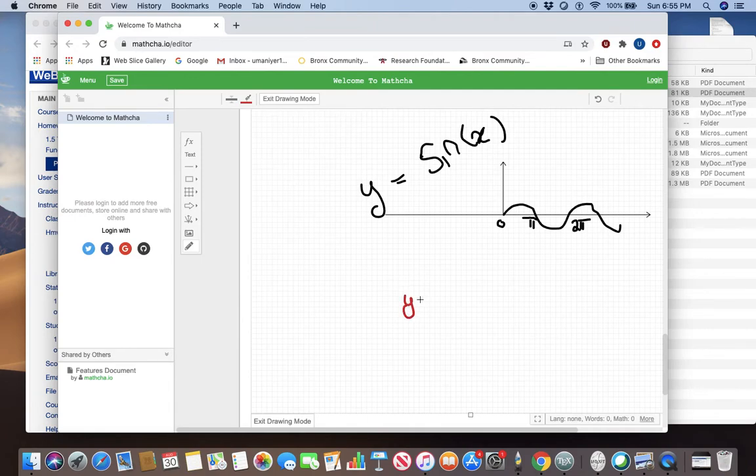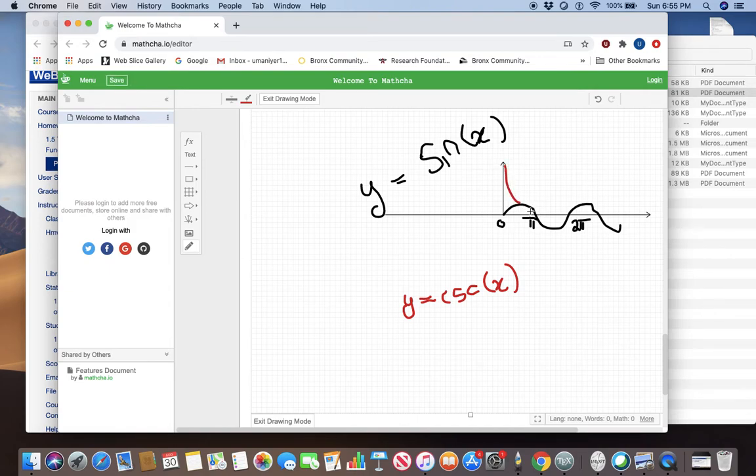y equals cosecant x. So you see, wherever sine hits 0, you're going to go to either a positive or a negative infinity. Because sine is positive here, cosecant goes to positive infinity there.